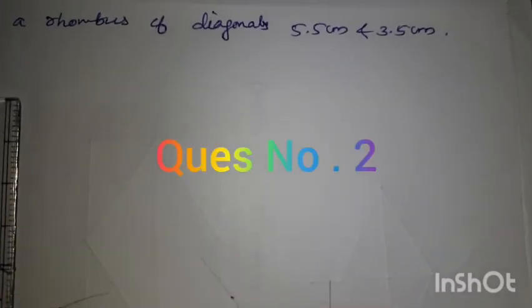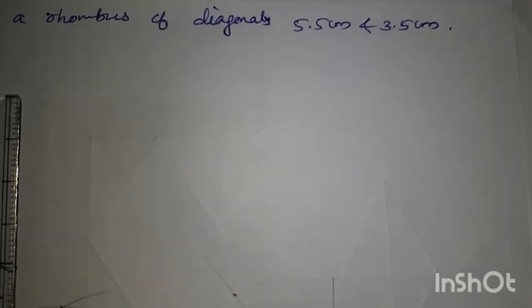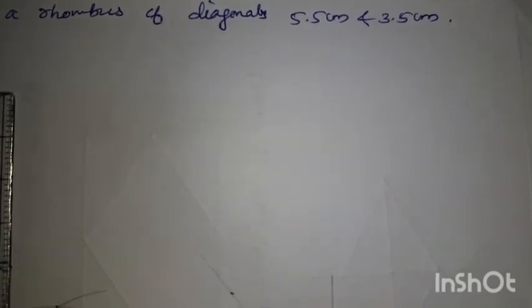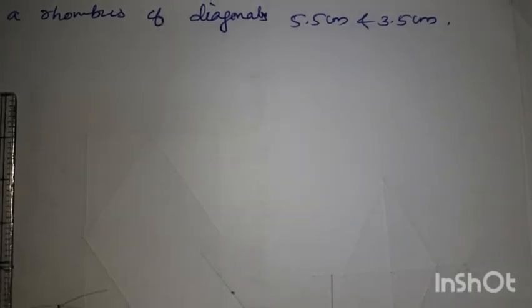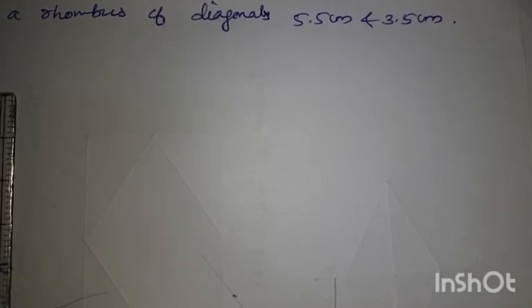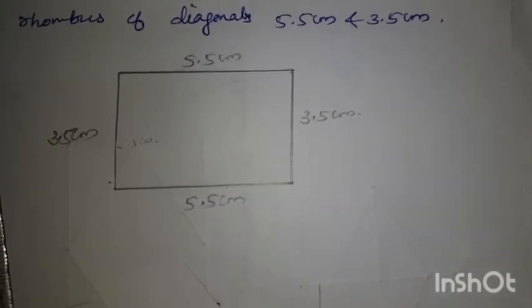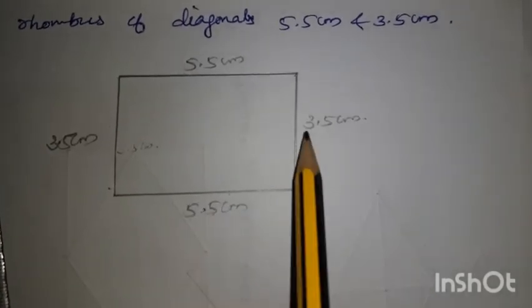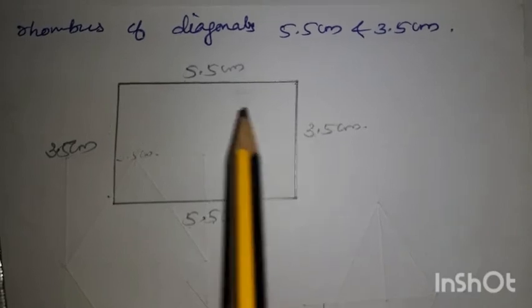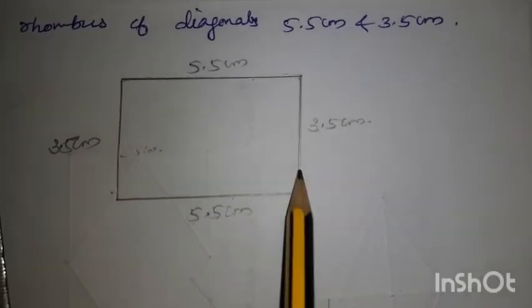Draw a rhombus of diagonals 5.5 and 3.5 centimeter. So first of all, we can draw a rectangle of 5.5 and 3.5 centimeter. So we got a rectangle of length 5.5 and 3.5. Next, we have to find out the bisector of this line and this one also.